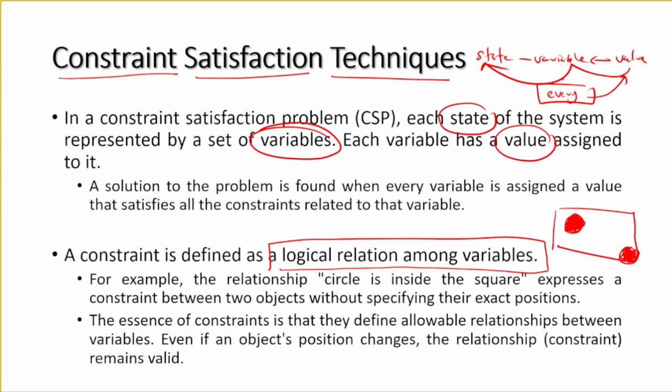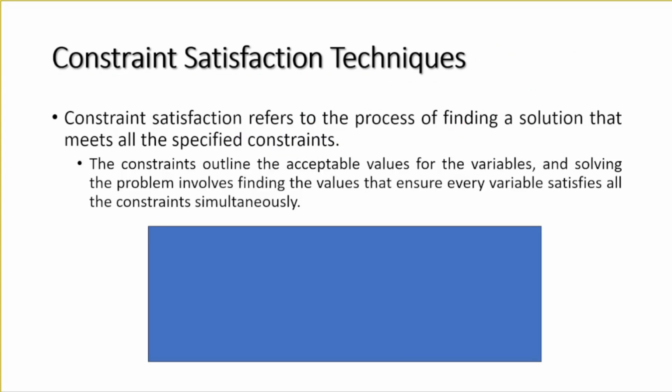So that is what we call the constraint satisfaction technique. Okay, for example, say that I have a circle over here. Is it the same? And when I move the circle over there, and again I put it here, and I put it there. So same, right? So meaning to say that as long as the circle is inside the square, the constraint satisfaction is still approved.